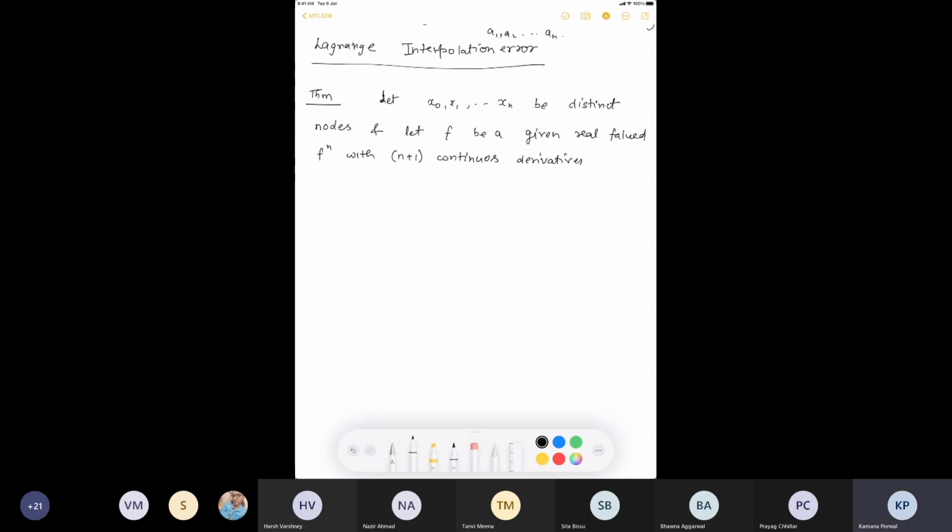I'm assuming that it is n+1 times continuously differentiable on the interval. I'm taking the smallest interval containing x0, x1 up to xn, and I'm finding the error at the point t. Let me denote the interval by It.